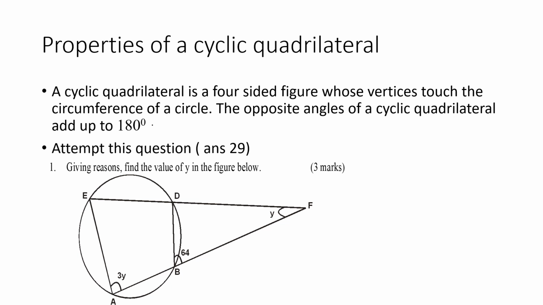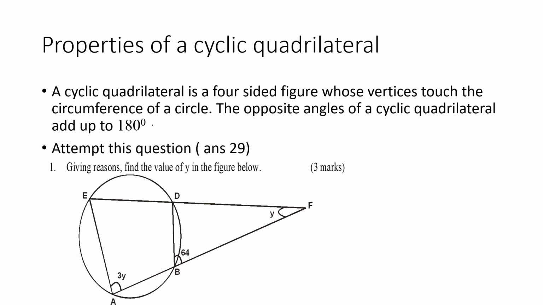Like this one here, you can attempt it, giving reasons, find the value of y in the figure below. Reasons are normally the rules we have learned so far. The angle subtended at the center by a chord is twice the angle at the circumference. That's a reason. Equal chords or equal arcs subtend equal angles. Then cyclic quadrilateral is here.